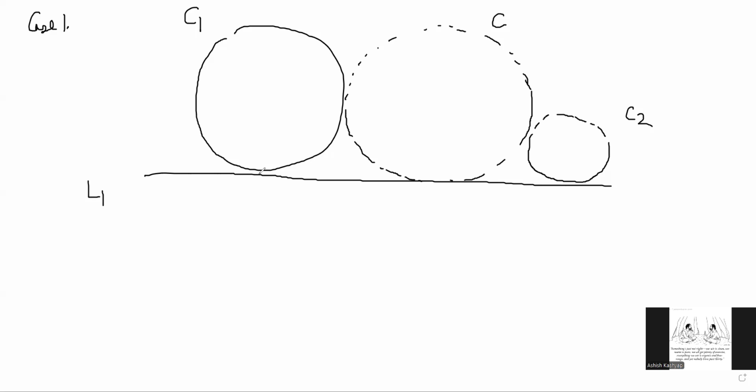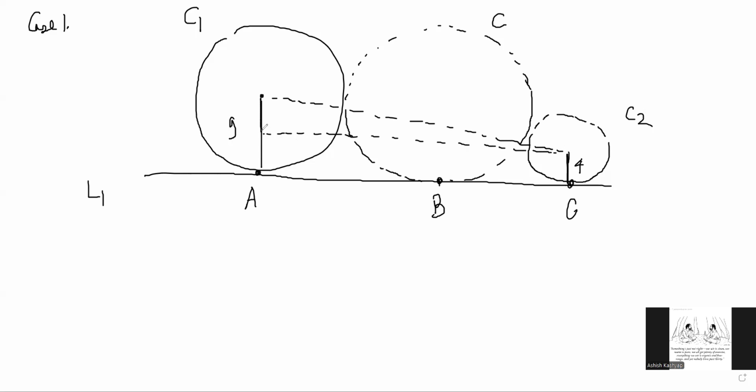So now, if this point is A, and this point is B, and this point is C, these are the points of contact of each of the circles with the line L1. We know that the radius of this circle is 9. So this is 9. We know that the radius of this circle is 4. So technically you can find the distance between C1 and C2, actually you don't need to find it, but what you can do is join it like this and find this distance.